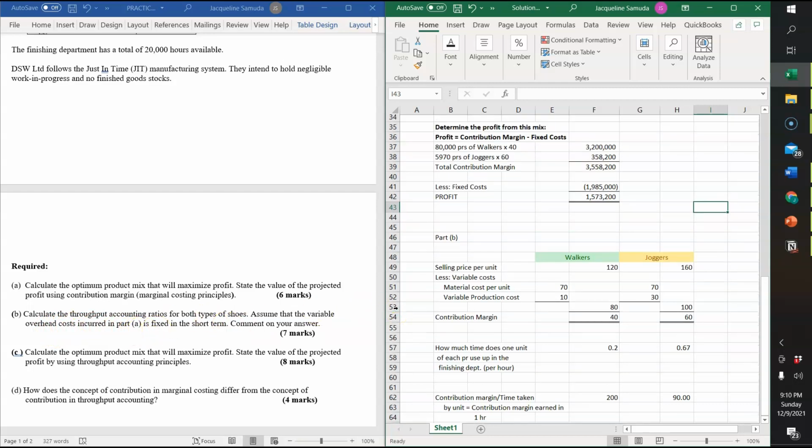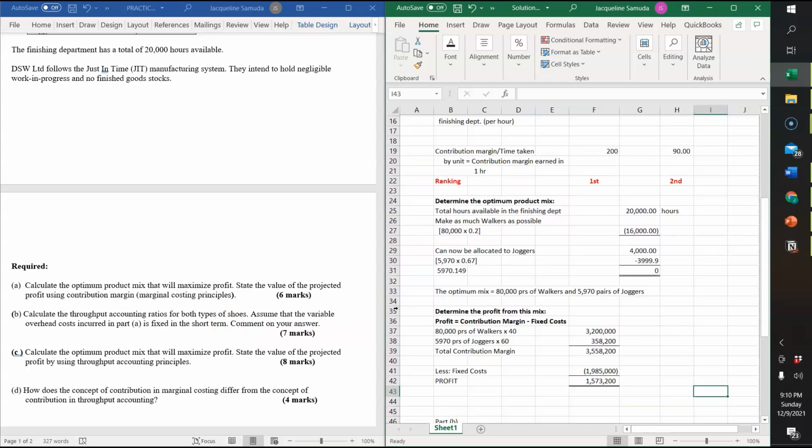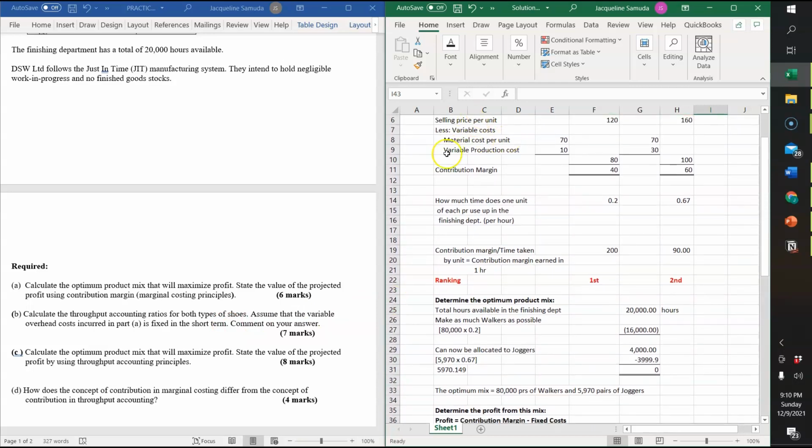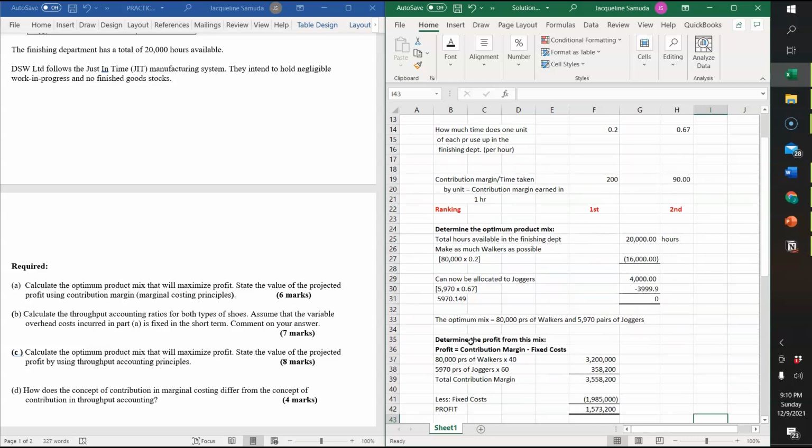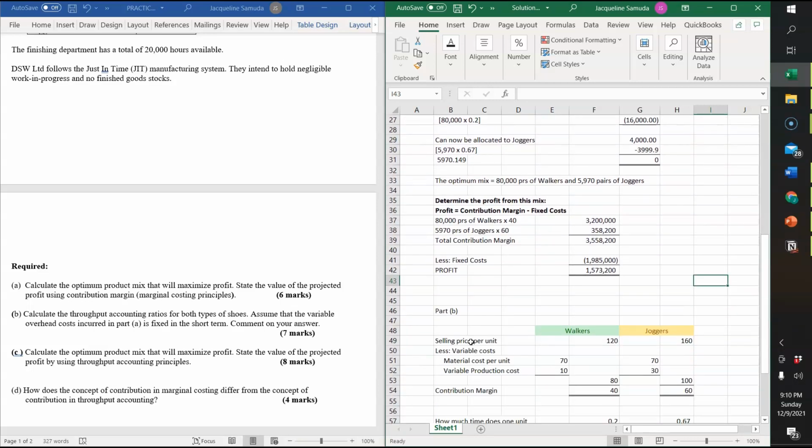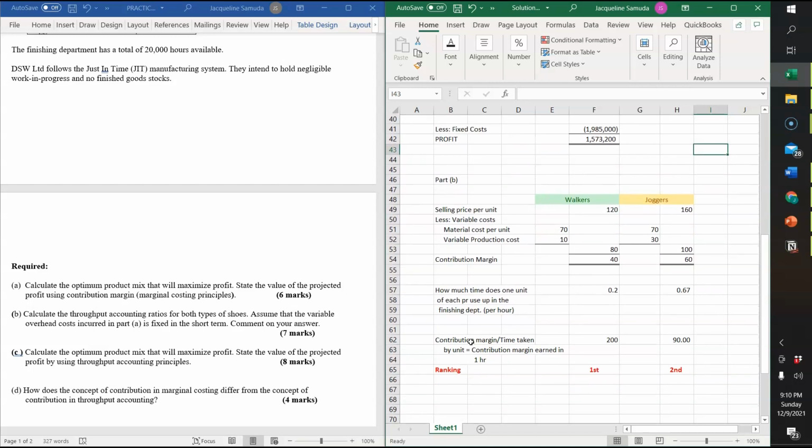Now, this variable overhead cost will be a combination of the variable production cost for each product multiplied by the optimum mix that we had worked out earlier. So you're going to see how we're going to integrate those figures. And that is what we're being advised by part B.